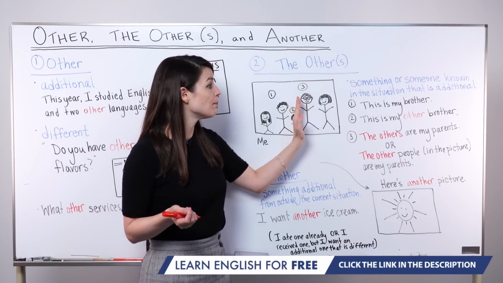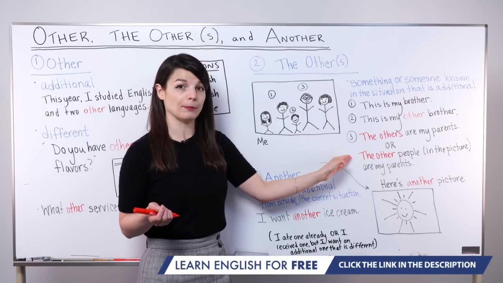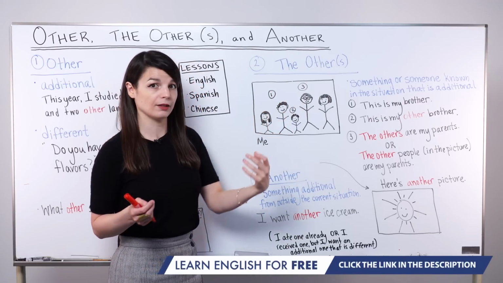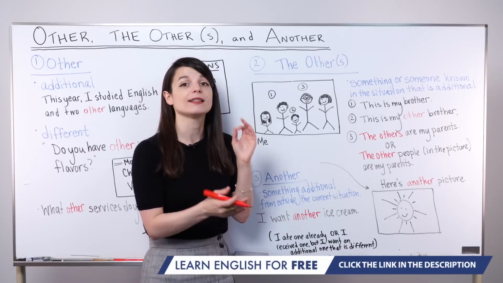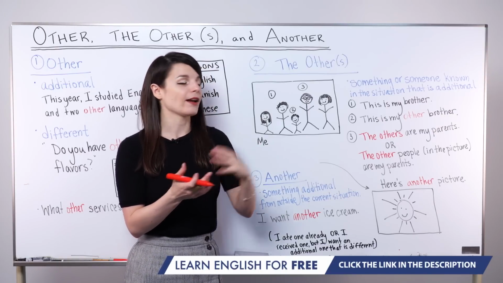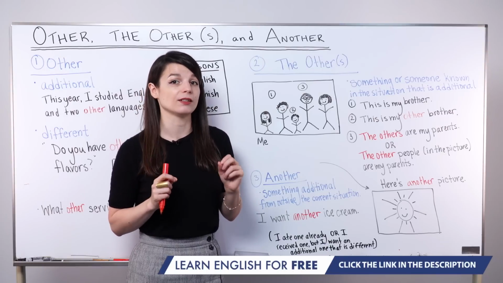So that means the remaining people we know in this situation are my parents. So to recap this part, the other or the others is used to refer to someone or something that is in the situation that we know about. So it's not coming from outside the situation, it's something specific in the situation.